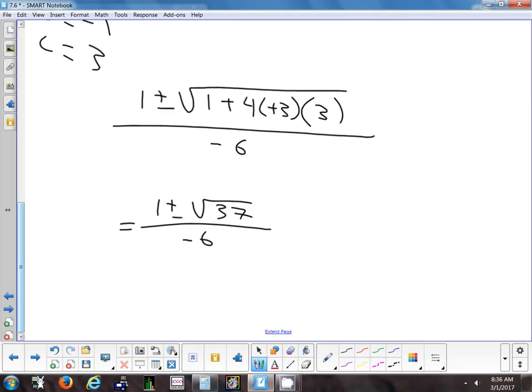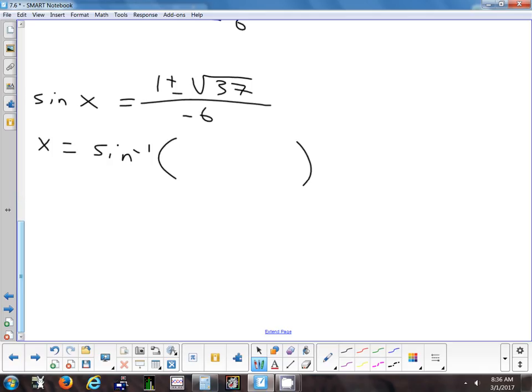What is that number equal to? Is that x? That's sine x. So what is my last step? Yeah, and that's my answers. How many answers could I get from doing this?